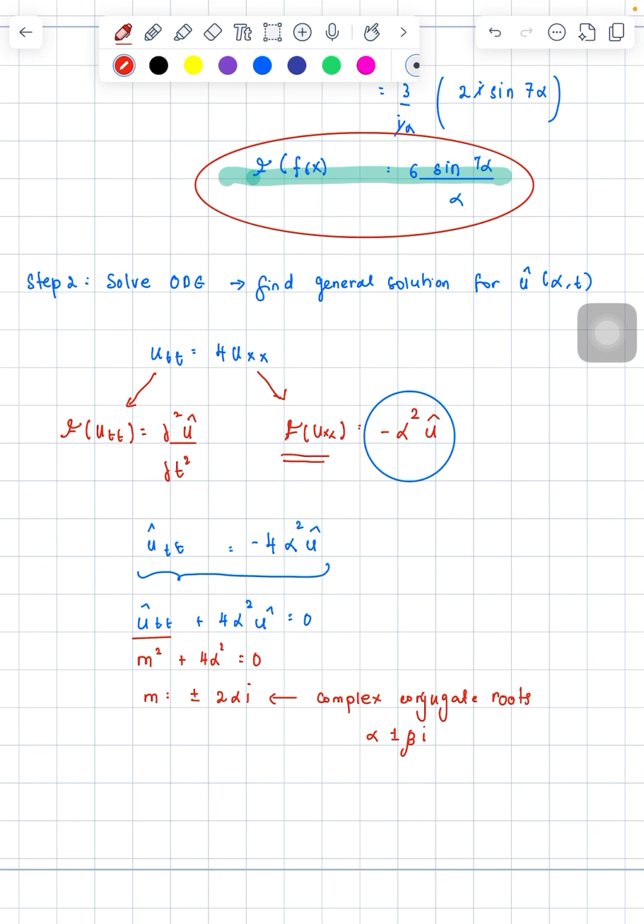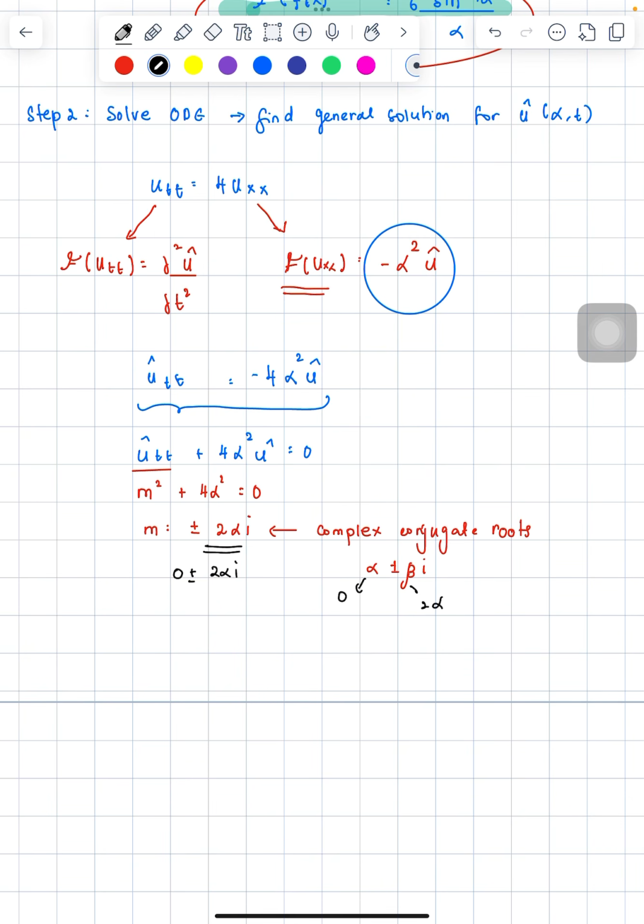Since here we only have plus minus 2 alpha i, our alpha is 0, so we have 0 plus minus 2 alpha i. So our alpha is 0 and our beta is 2 alpha.